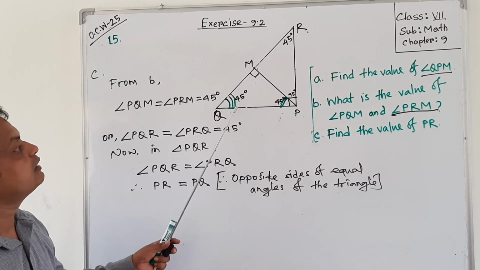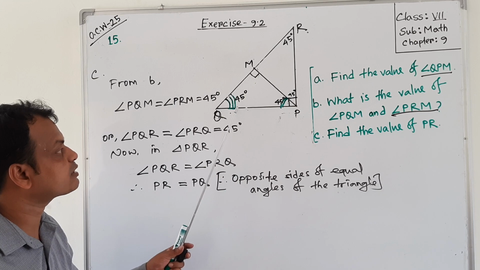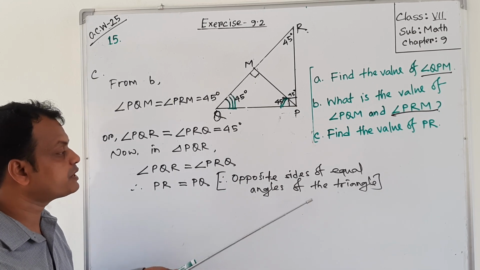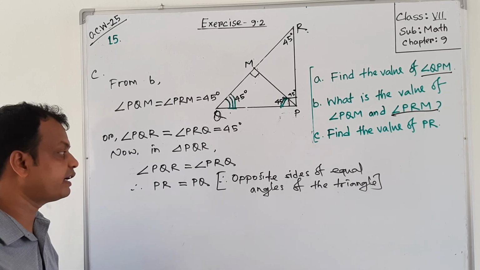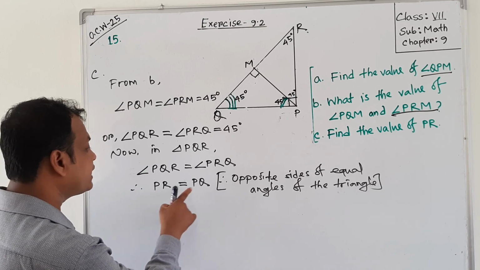In the triangle, the side opposite these angles is PR, and the side opposite these angles is PQ. So opposite sides of equal angles of a triangle will be equal. From where we can tell PR equals PQ.